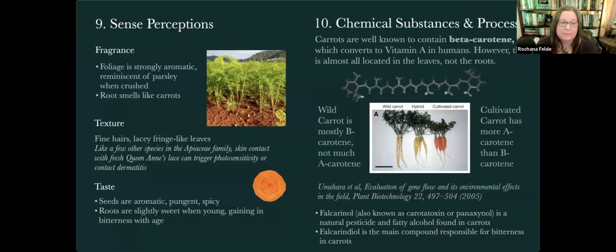And the seeds being used in culinary purposes for so long, they have an aromatic, pungent, and spicy taste. I have not had a chance to try a young Queen Anne's lace root to see how much sweeter it might be than that bitter old one that it gets to in its second year. But it's said to be slightly sweet only when it's young.